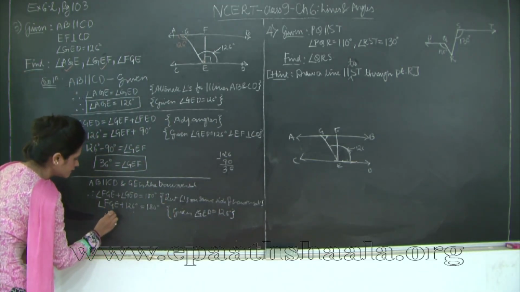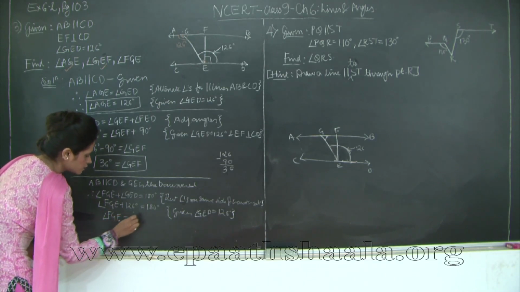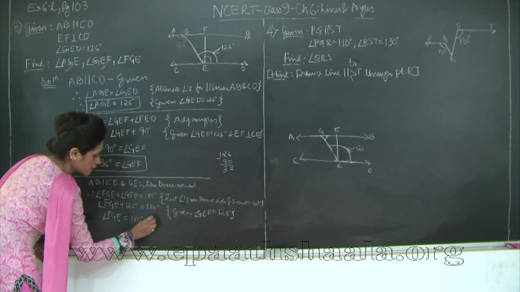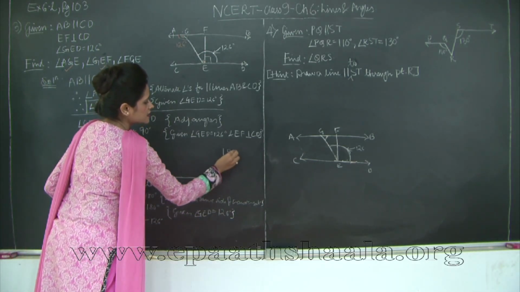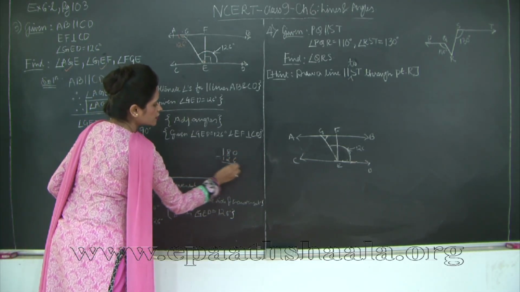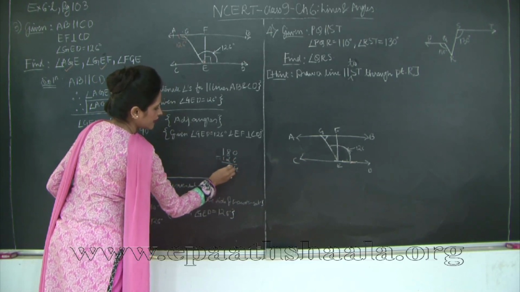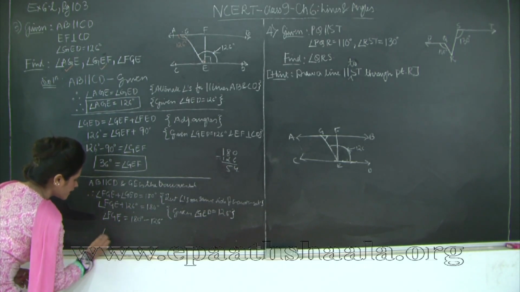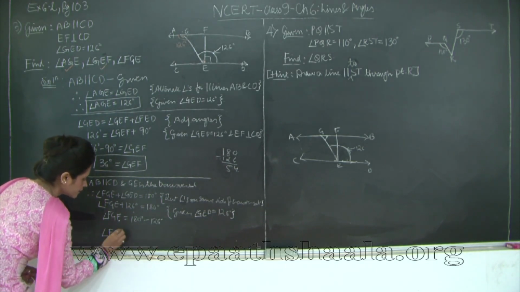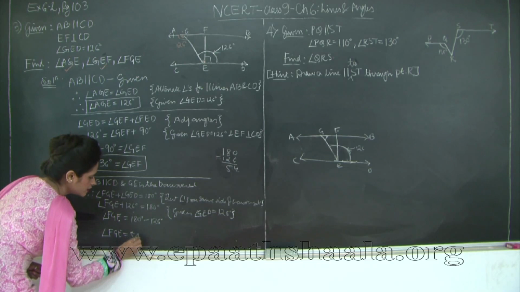Therefore, I get angle FGE is equal to 180 degrees minus 126 degrees. So let's solve this. 180 minus 126 would give me 54 degrees. Therefore, I have angle FGE is equal to 54 degrees.